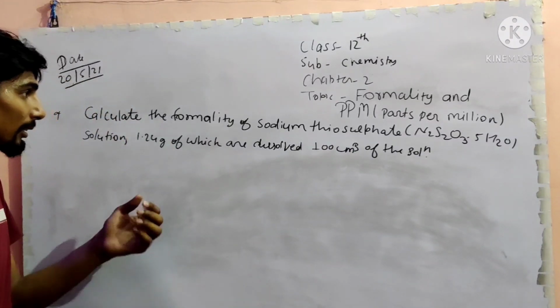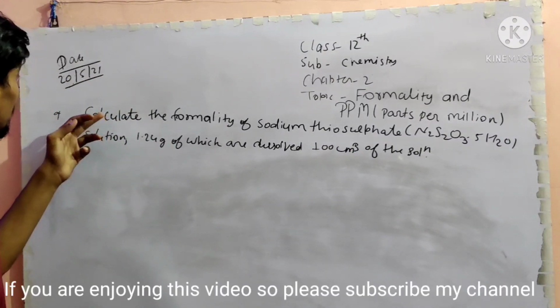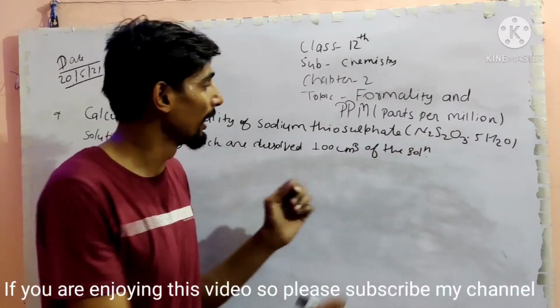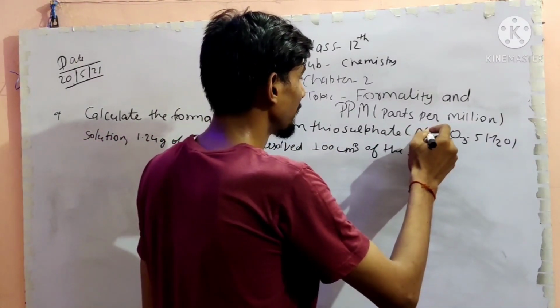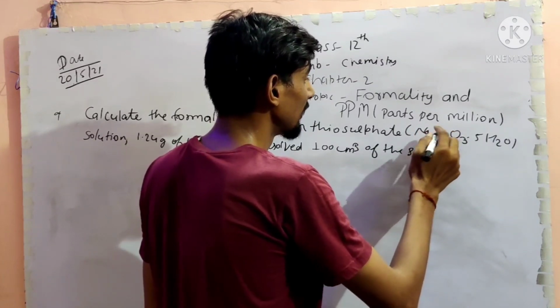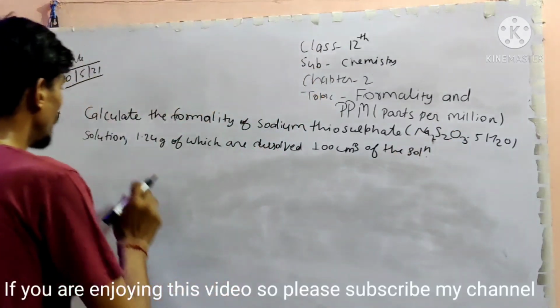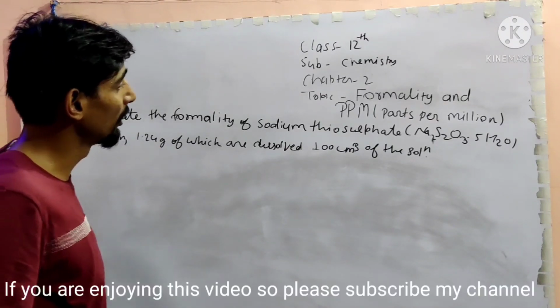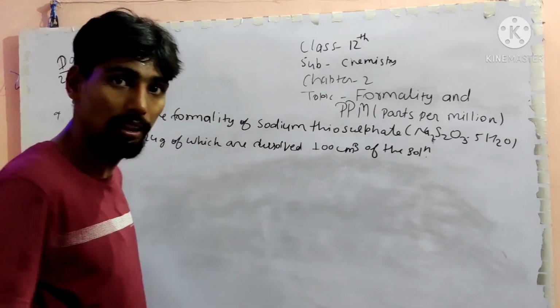We have a given numerical. Calculate the formality of sodium thiosulfate, formula Na2S2O3.5H2O solution, 1.24 gram of which is dissolved in 100 centimeter cube of the solution.